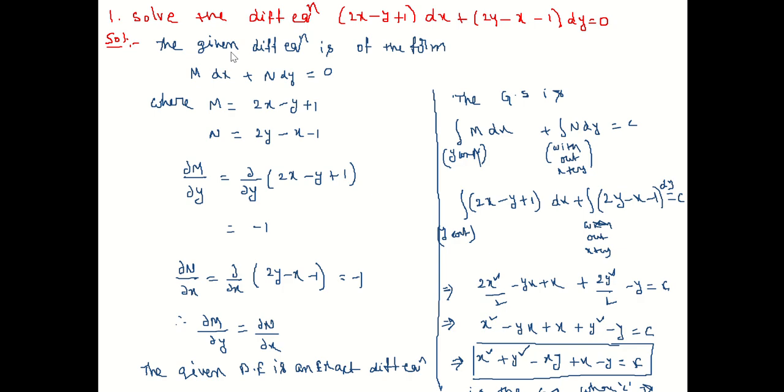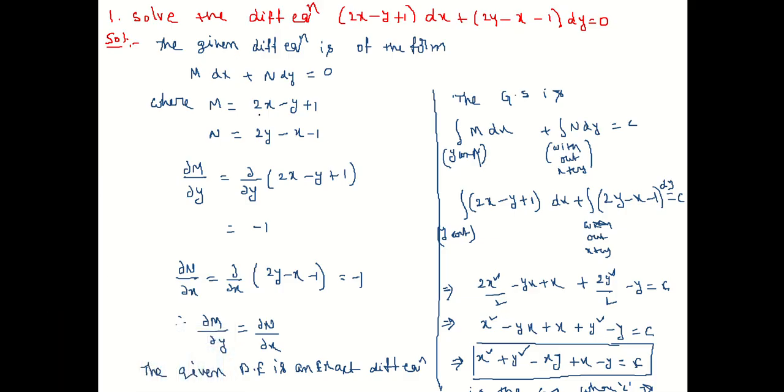Okay, now see, by seeing the problem, you understand that the given equation is of the form M dx plus N dy equals 0. So here, what is M?